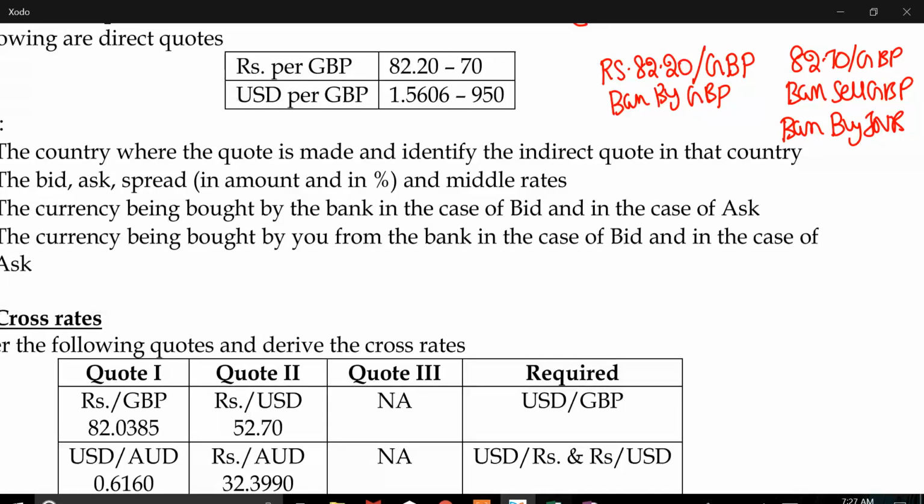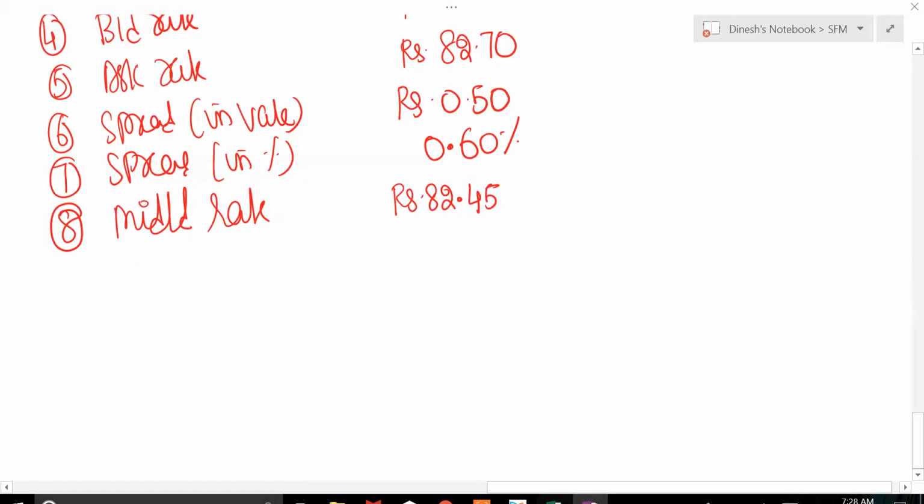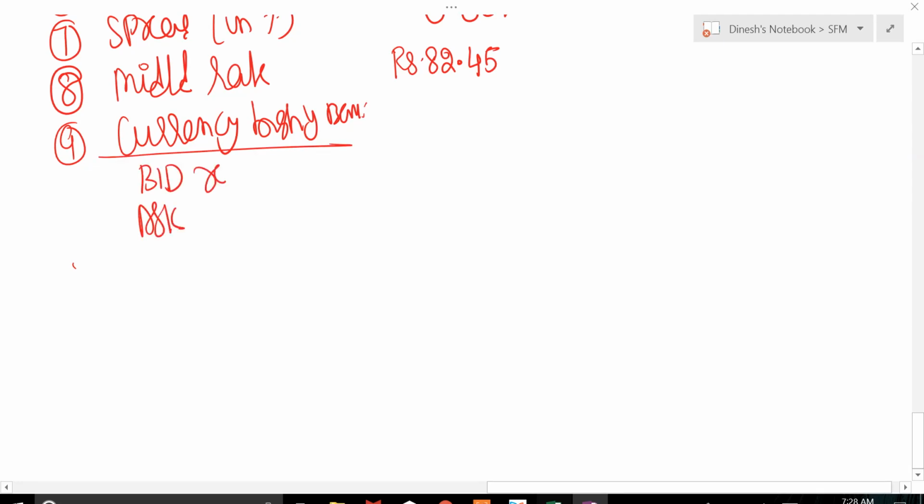Currency bought by the bank in case of bid and in case of ask. So in case of bid rate, the bank is going to buy GBP. In case of ask rate, the bank is going to sell GBP, which means the bank is going to buy INR. Clear? Any doubts on this? Next, currency bought by bank, bid rate and ask rate.